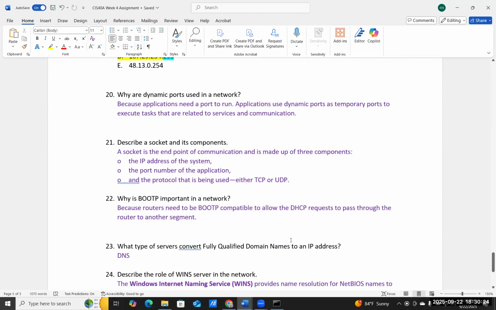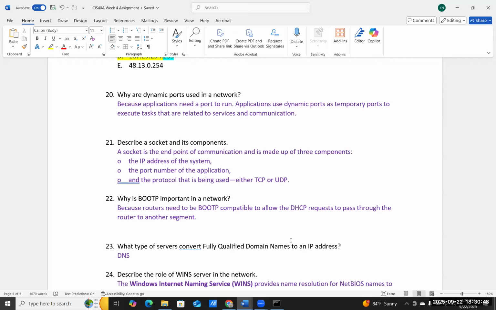Okay, 21. Describe a socket. It needs to be made of 3 components. A socket is not a port. A socket is an endpoint of communication that's made of 3 pieces: an IP address, a port number for the service or the application, and a protocol.